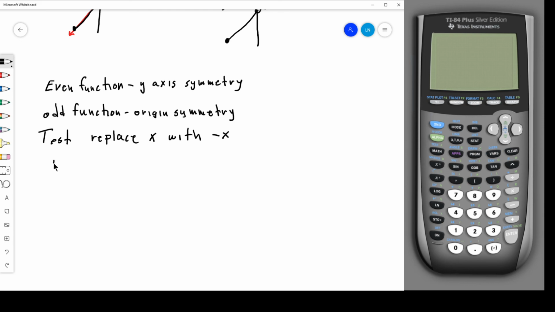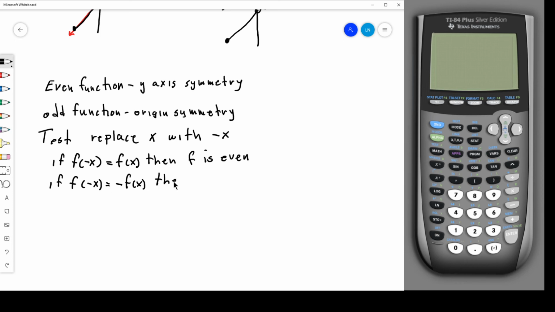So if f of negative x is equal to f of x, then f is even. If f of negative x equals negative f of x, then f is odd.